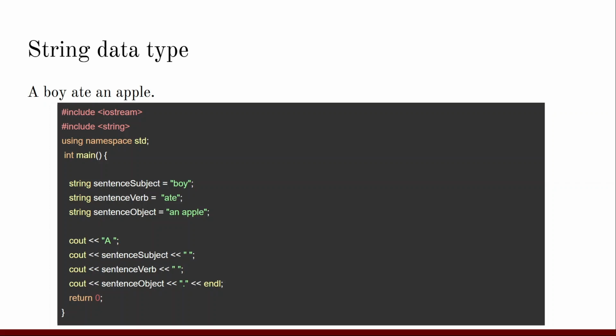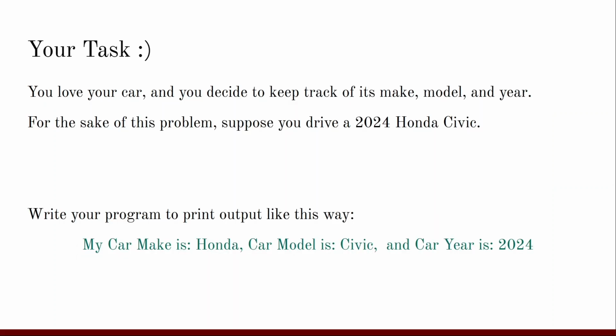All right, let's try to solve this task. Let's say you love your car and you decide to keep track of its make and model and year. For the sake of this problem, suppose you drive 2024, and I'm recording in 2024, so that means your make is Honda, your model is Civic, and the year is 2024.